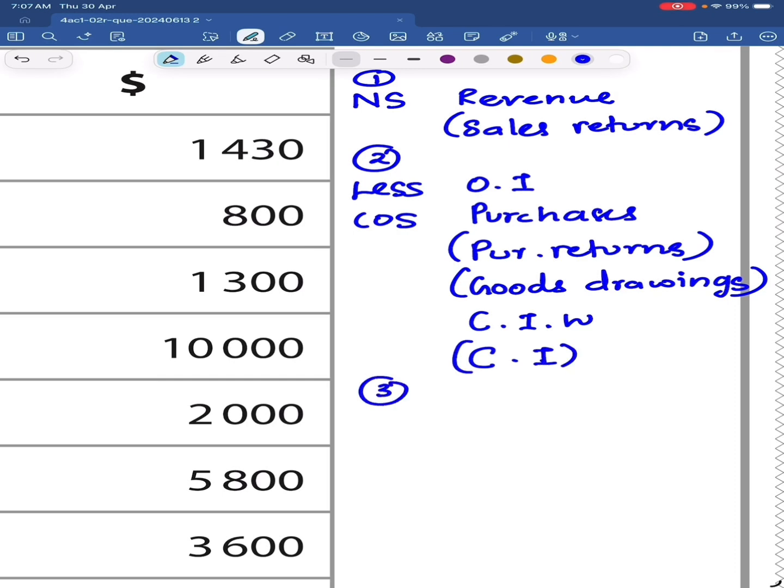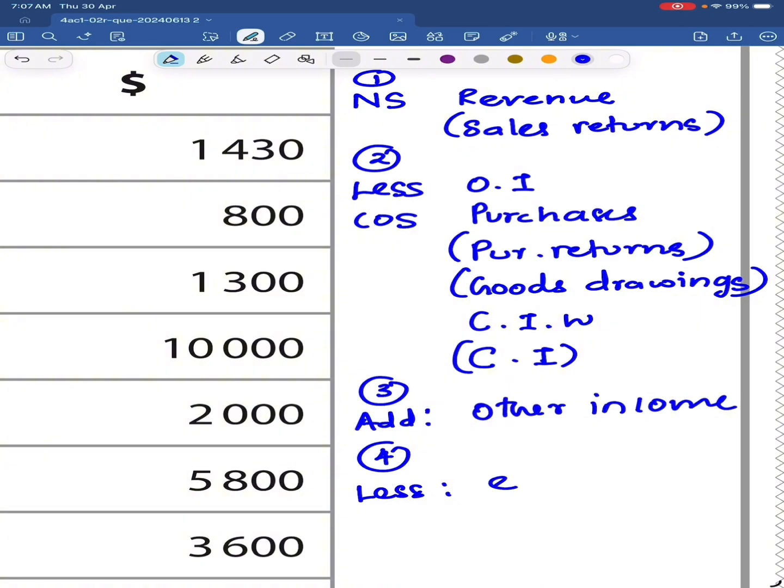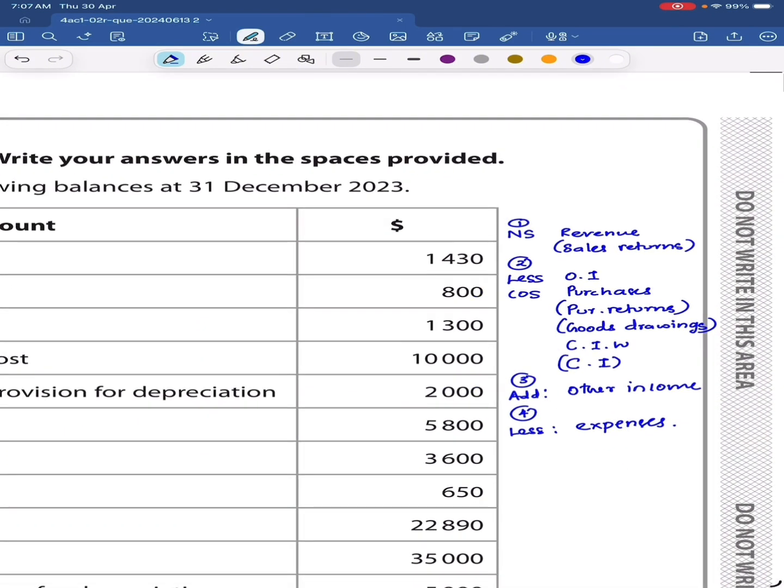Third component, add any other income. Fourth component, less all the expenses. So these are the important components of an income statement.